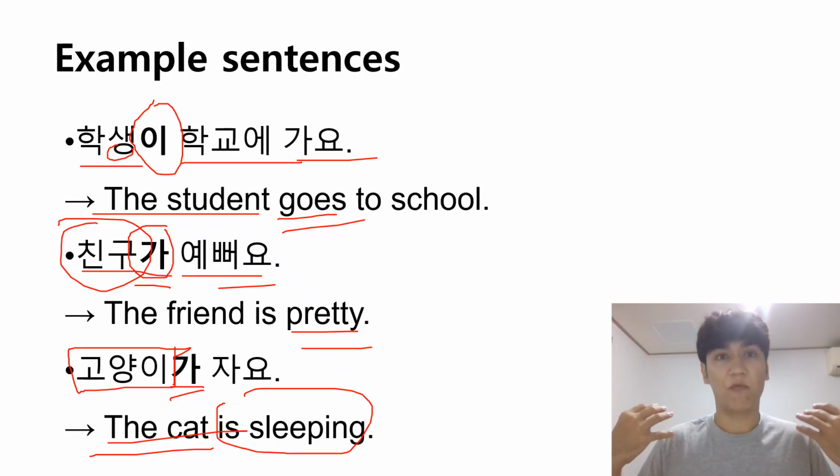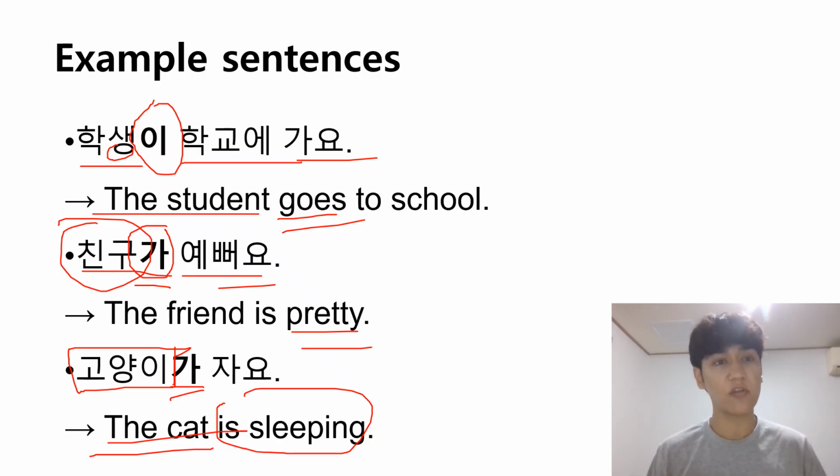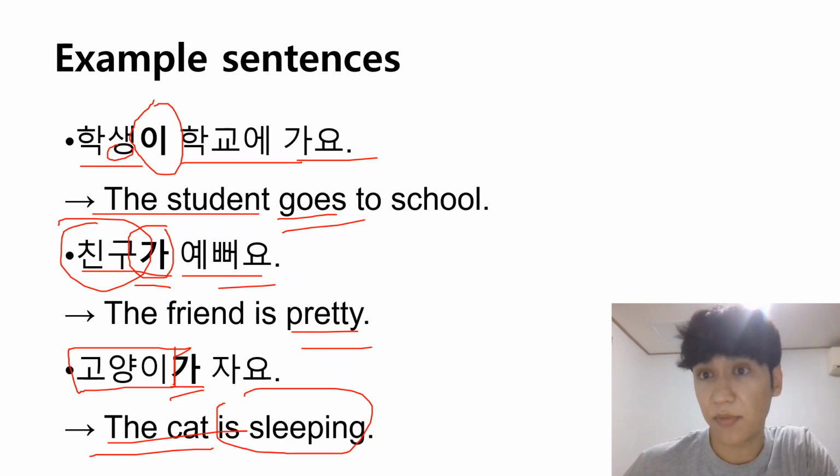When you are very familiar with particles, so you can distinguish them easily in your sentences or in conversations, not only when you say something, but also when you hear native Korean speakers, then maybe you can drop those particles that are possible to drop, right? So that's why you can drop them in conversations as well.